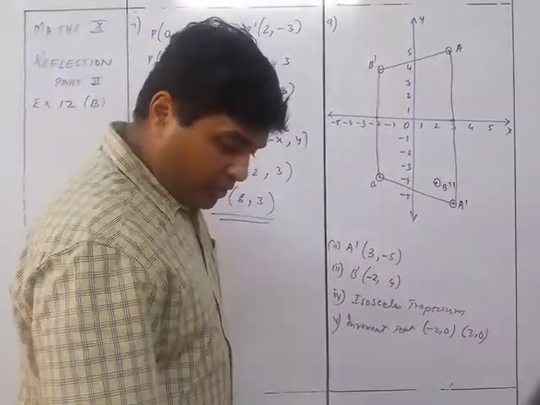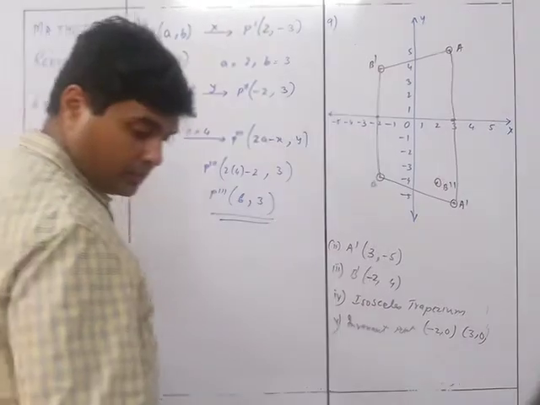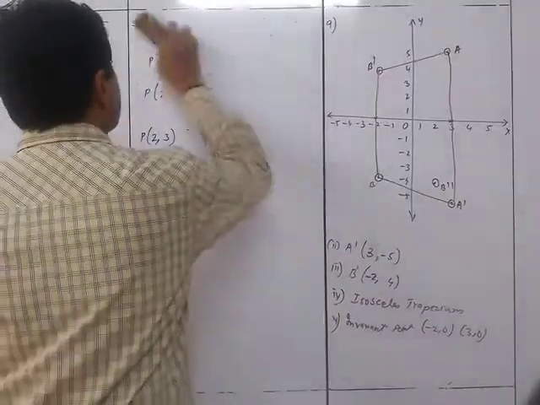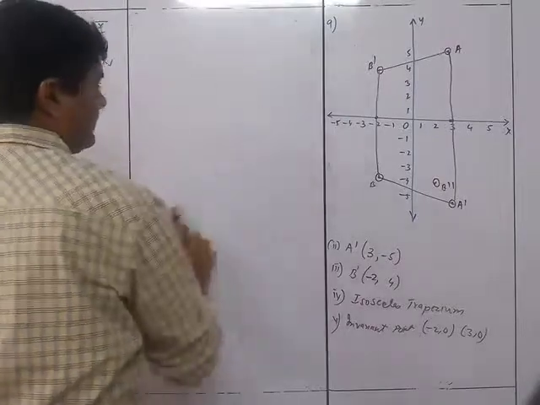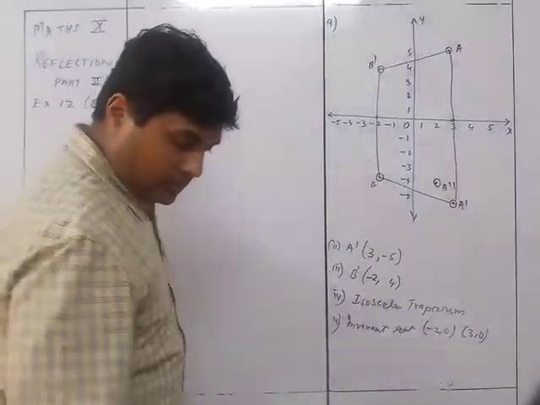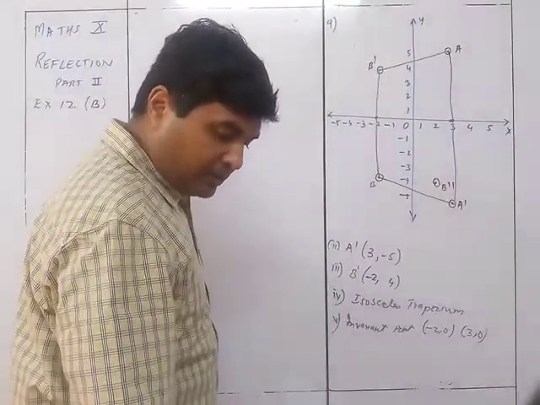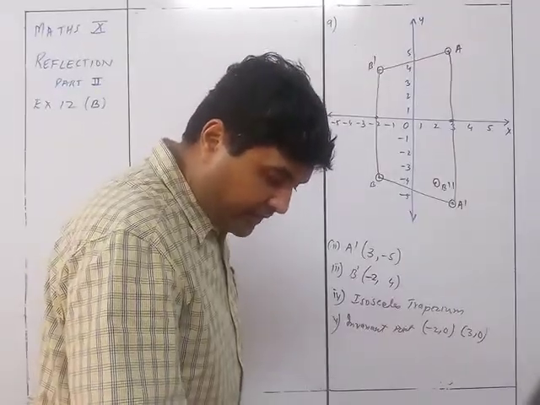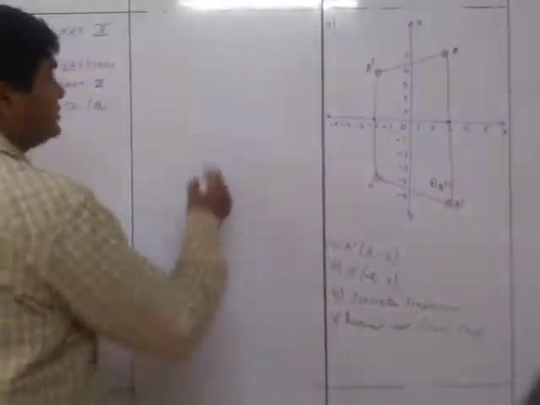Right, now we move on to sum number 11. The point P 3, 4 is reflected. Yeah, we need to draw it again. So let's first draw it.